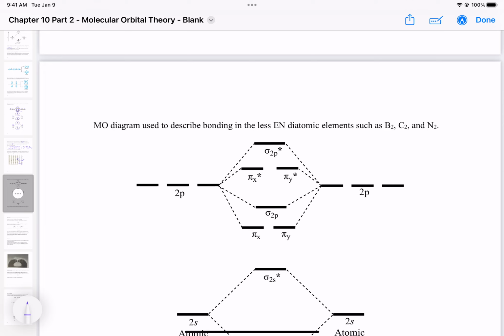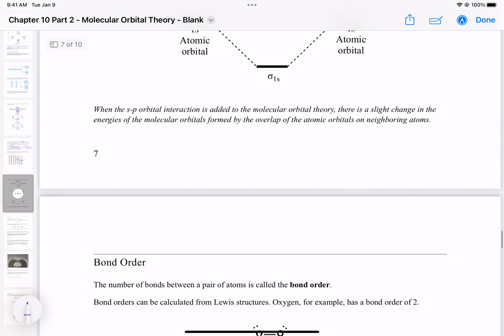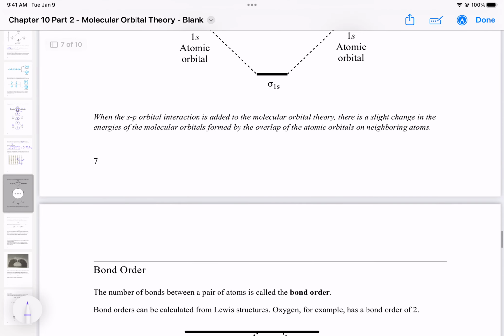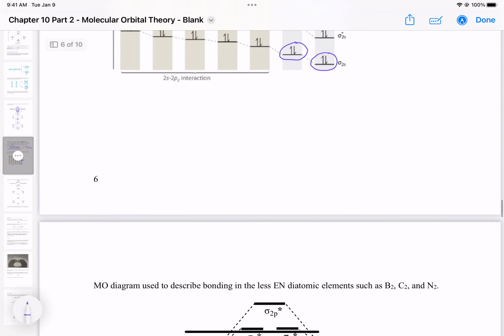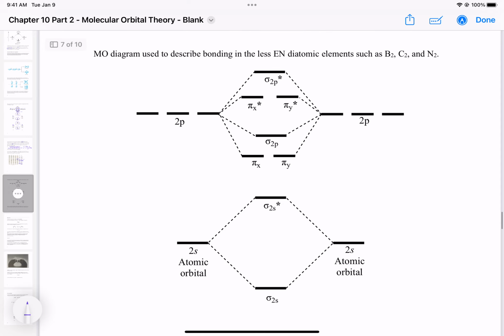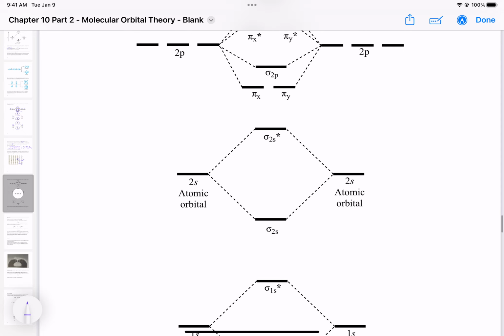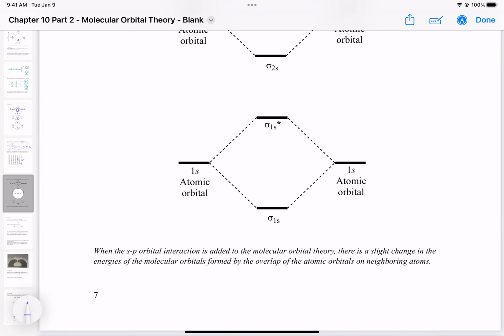Okay, all right. So here's the MO diagram that we use to describe less electronegative elements such as boron, carbon, and nitrogen. So let's do an example. Let's do nitrogen.